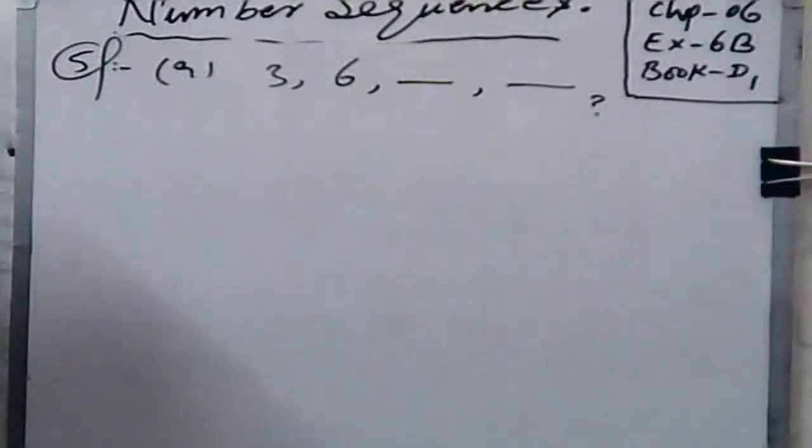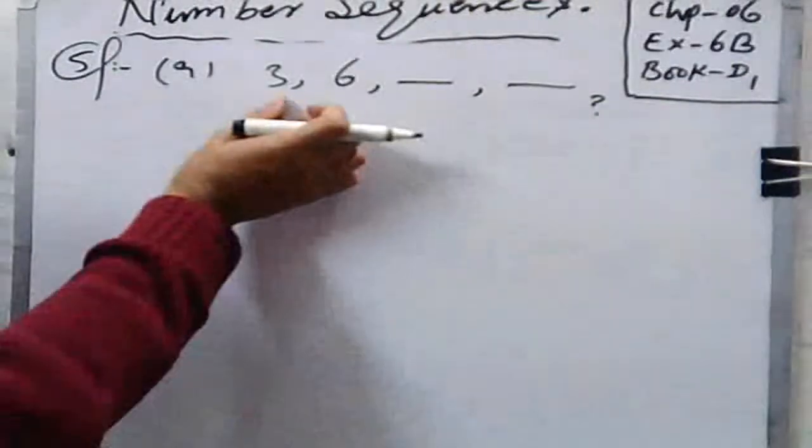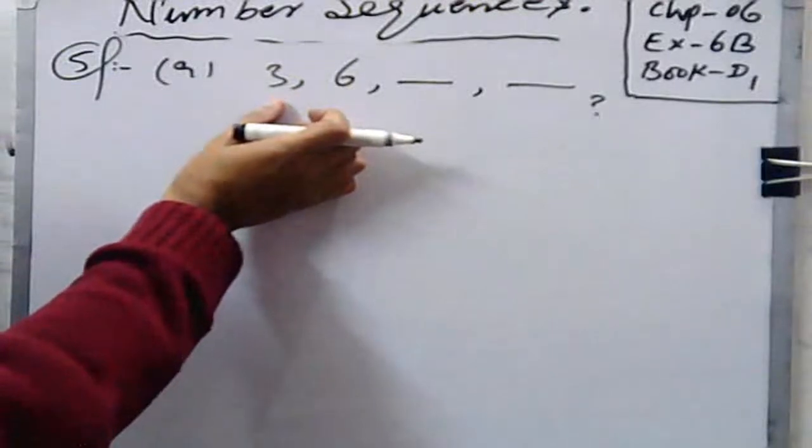So since the shaded triangles, if you see the pattern in your diagram, in the first diagram you can see the triangles increase by 3. The first term is 3, so the common difference is 3.